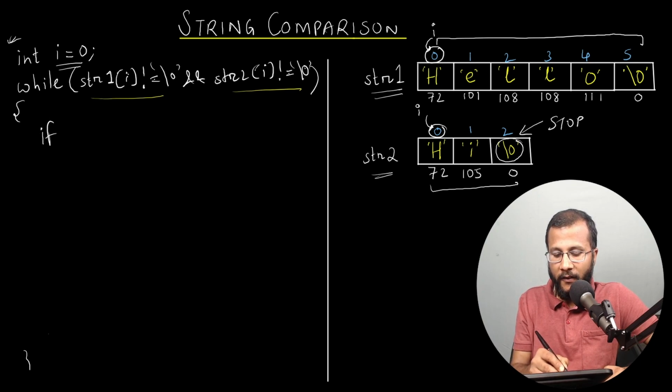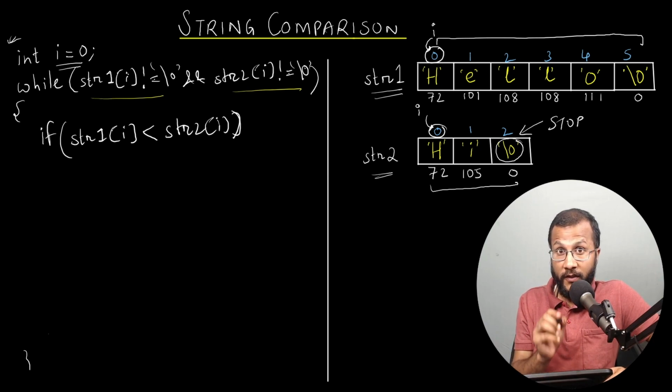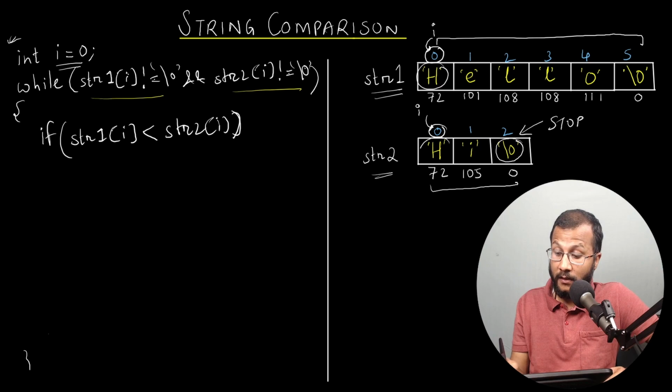So if in string 1, str1 at index I, this character is less than str2 at index I. What I'm trying to do here is, for the first time I is 0, so it will catch hold of the first character h in string 1 and the first character h in string 2.